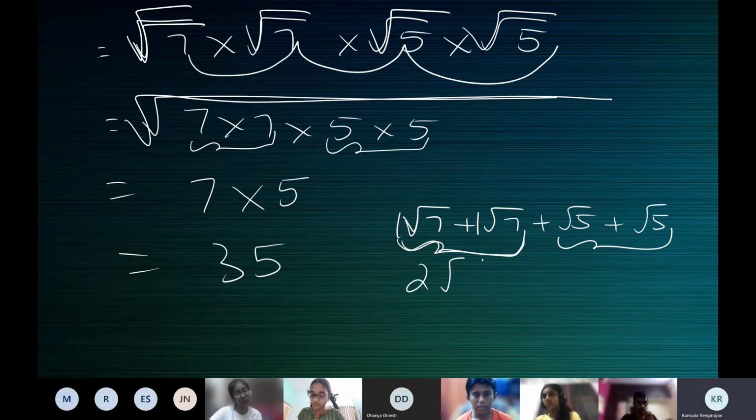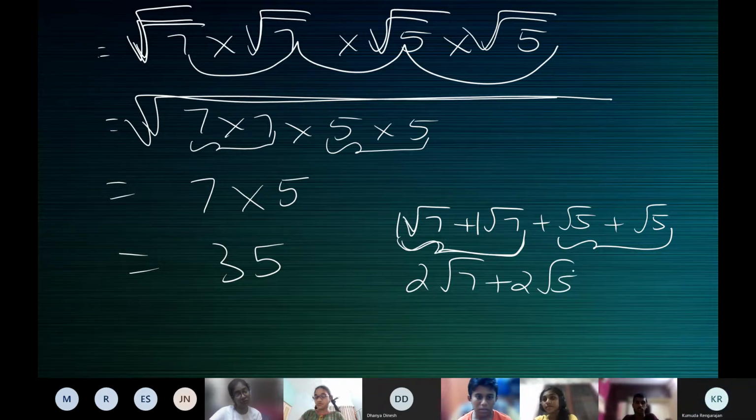So the answer is 2 root 7 plus 2 root 5. So that's the difference.